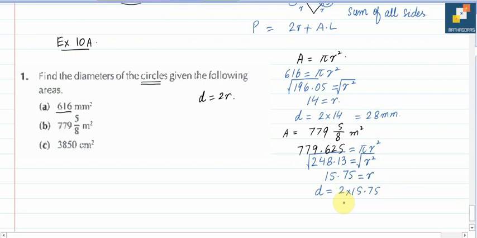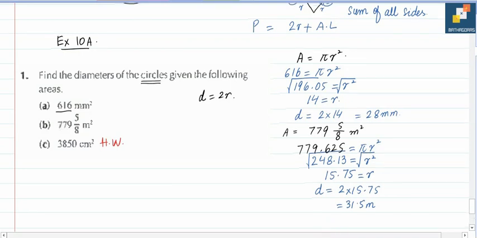So it's 31.5 and the unit is meters for part B, right? Now the first two parts we have covered, and this part C is your homework. Okay, so same working, same strategy and same concept. You need to try this question by yourself.